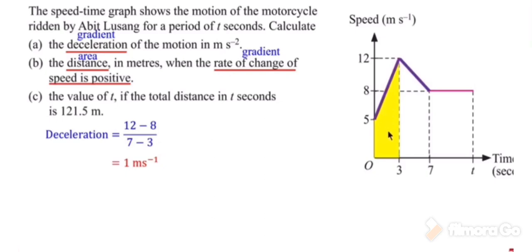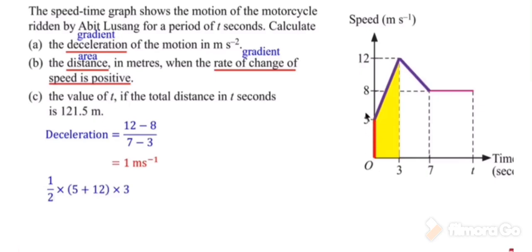So the area for a trapezium is 1/2, the shorter one is 5 plus 12, times 3. Okay, the 5 is actually the A, the shorter part, and the other longer part is your B, that is 12.